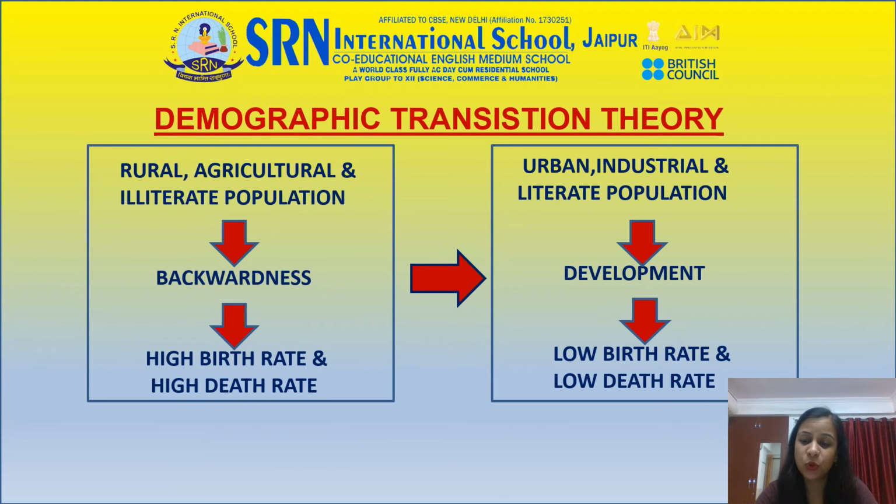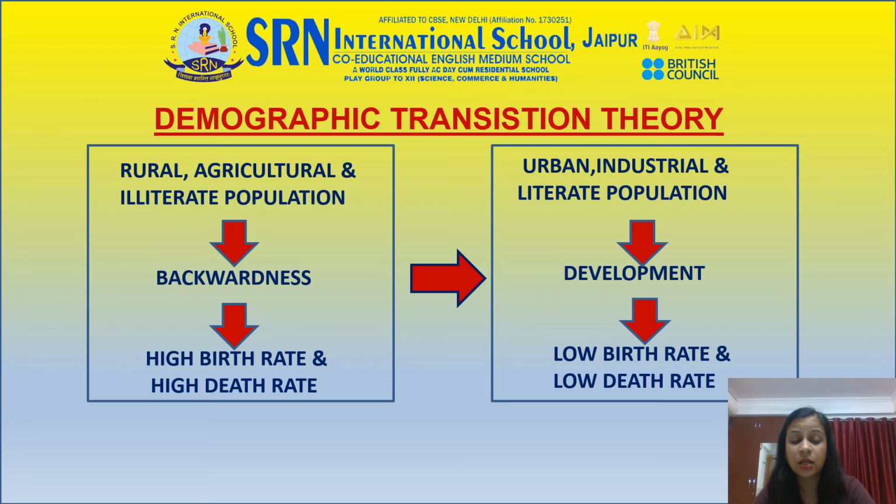Now, let's talk about a prominent theory in population change, that is demographic transition theory. The theory tells us about the transition of population from an agrarian population to an urban and literate population. Many years ago, the population was agrarian. It was completely dependent on agriculture, and the population was rural as they were settled in rural places.